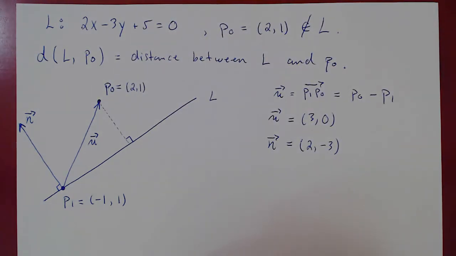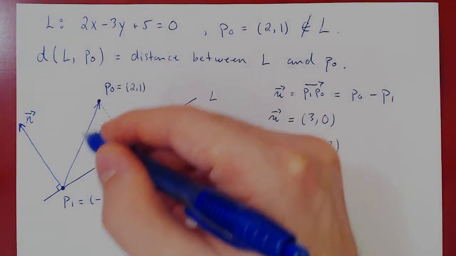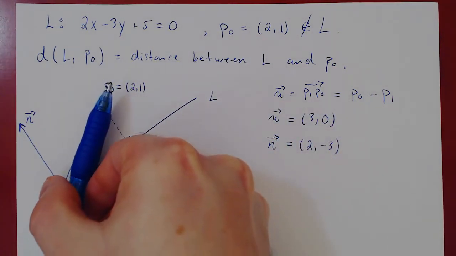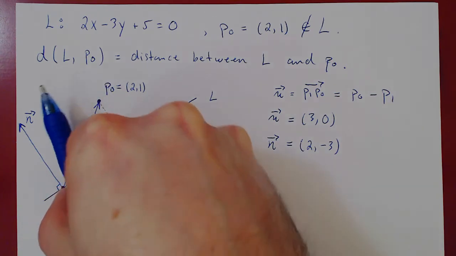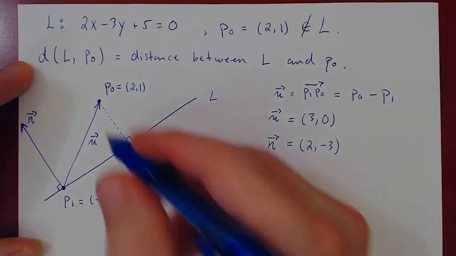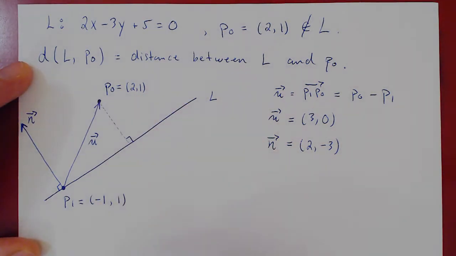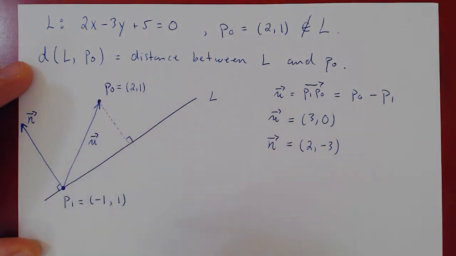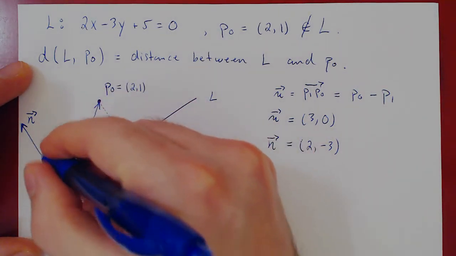But what if you find the orthogonal projection of vector u onto vector n? So think of collapsing vector u onto vector n in a perpendicular fashion. So connect the endpoint of vector u to the vector n in a perpendicular fashion.